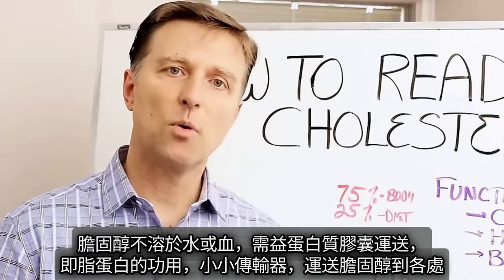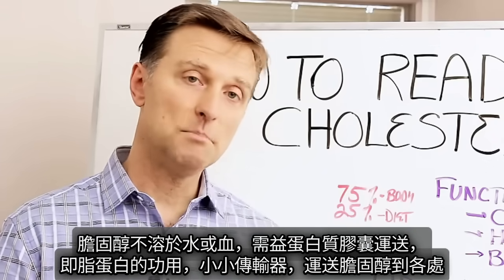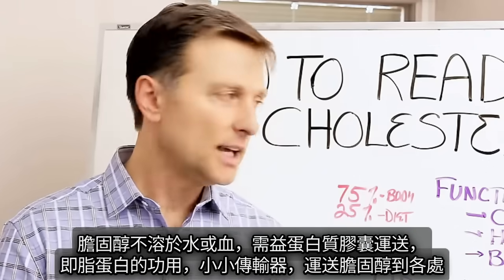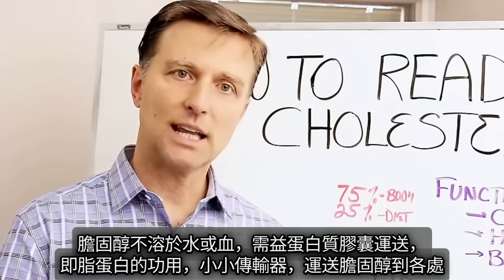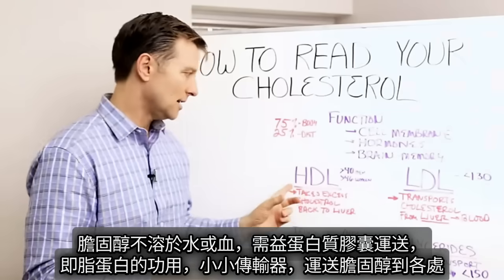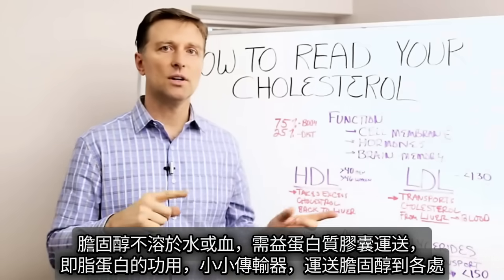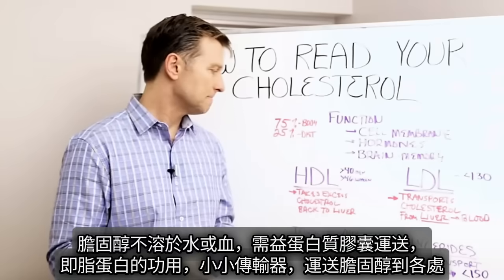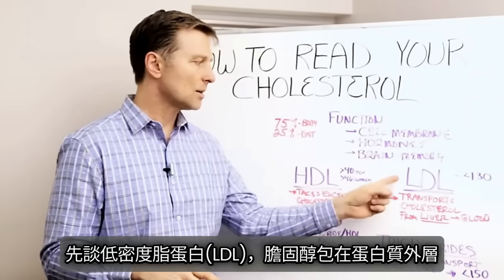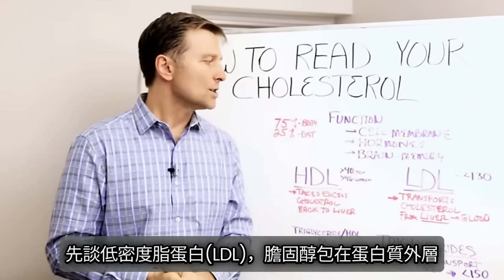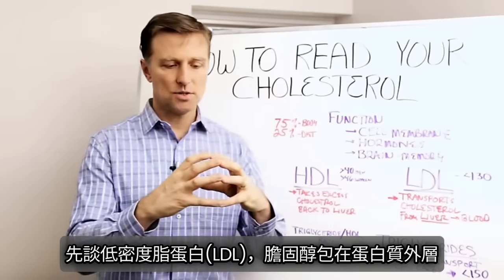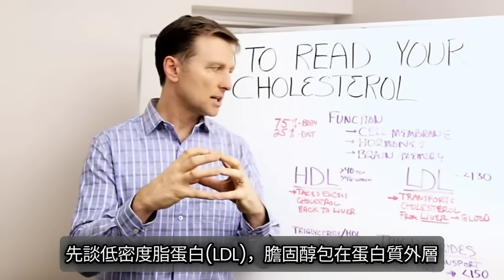In order to transport cholesterol, which doesn't mix well with water or blood, you have to put it in a protein capsule. And that's what these are. These are little tiny shuttles that deliver cholesterol in certain directions in the body. So let's talk about the LDL first. So we have this outer covering of protein, okay, that surrounds the cholesterol.